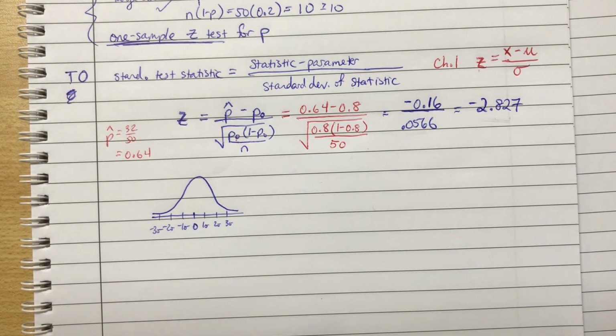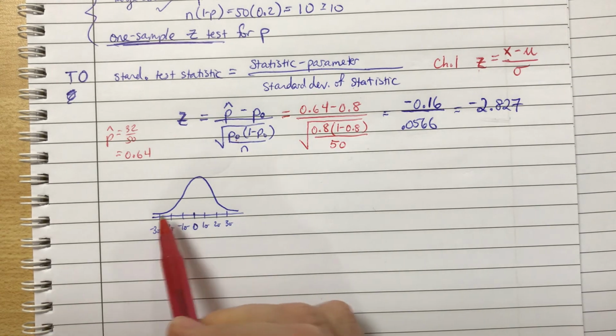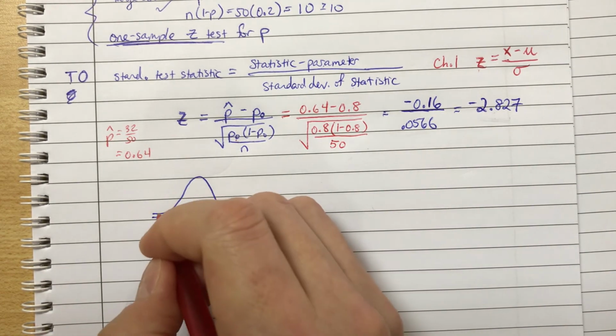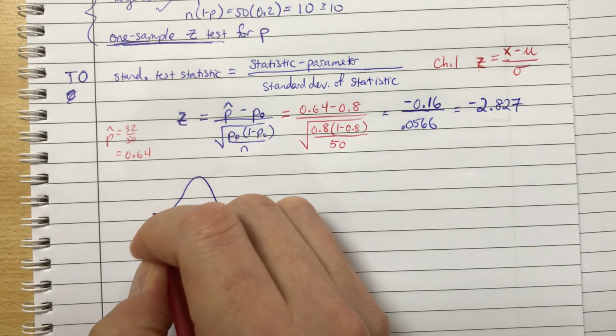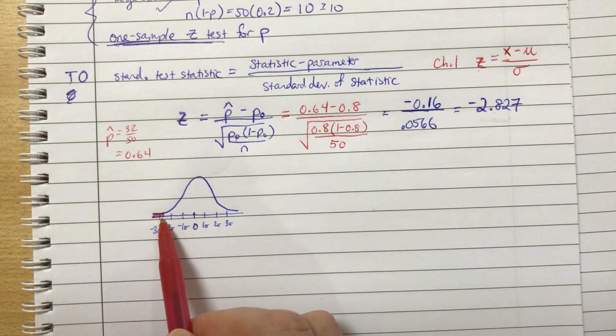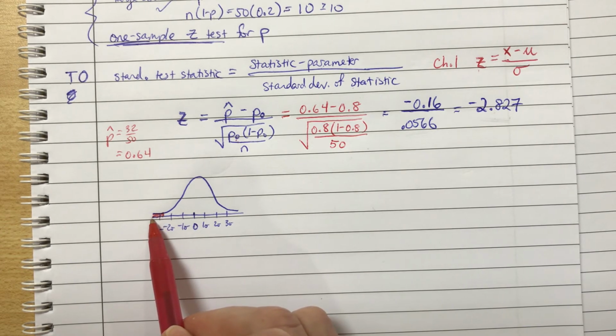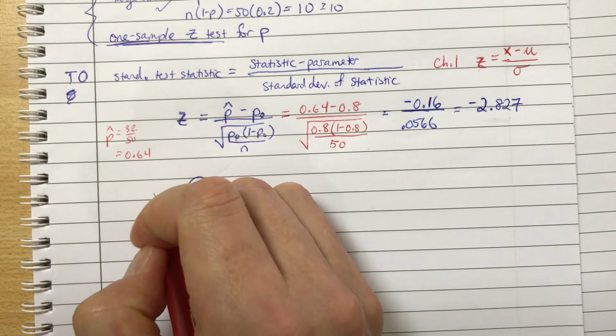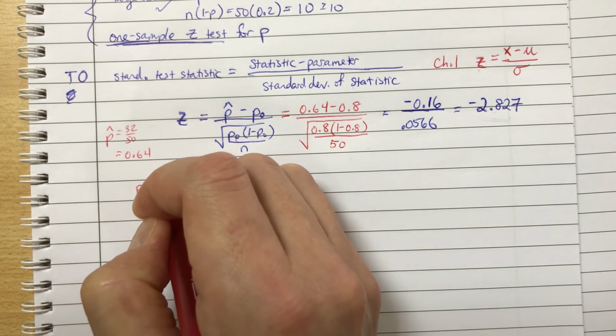Notice we are very far off to the left here. That minus 2.827 is way over here. So what is the probability that our value is this low or lower? That's what we're looking at here. That is going to be our p-value.